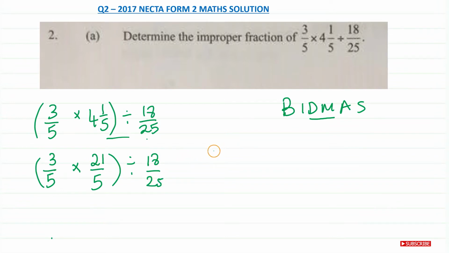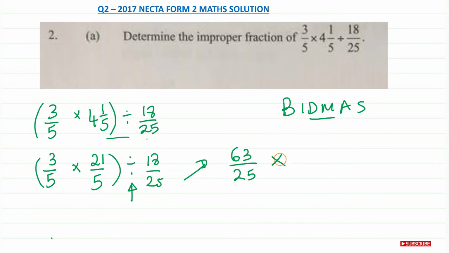This will give you 3 times 21, that is 63, over 5 times 5, that's 25. Now, if we have division, we need to change that to multiplication and flip the fraction on the right.